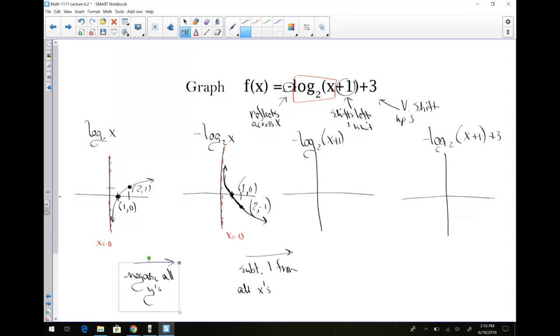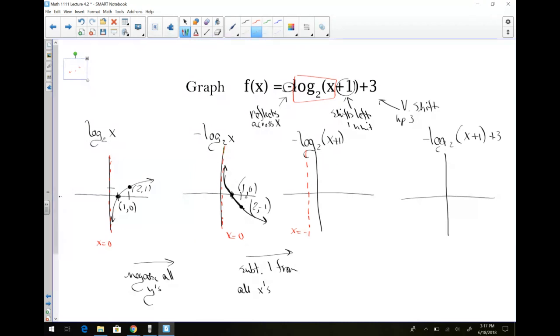Before we even discuss points, we don't want to discuss points yet, because this asymptote is our x. If we subtract 1 from 0, it lands on negative 1. So this means that we have a new asymptote at x equals negative 1. Now see, we created this nice little boundary here.